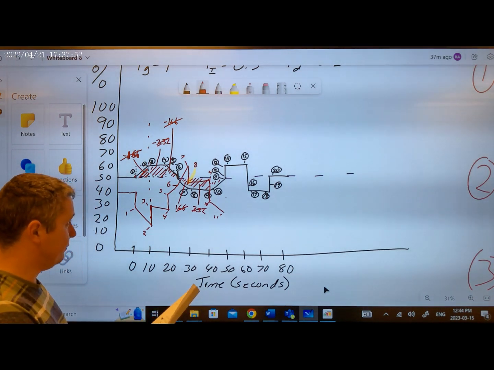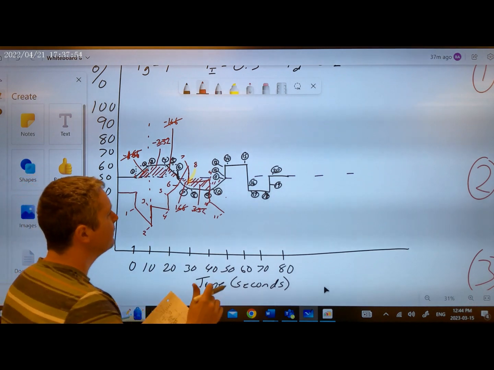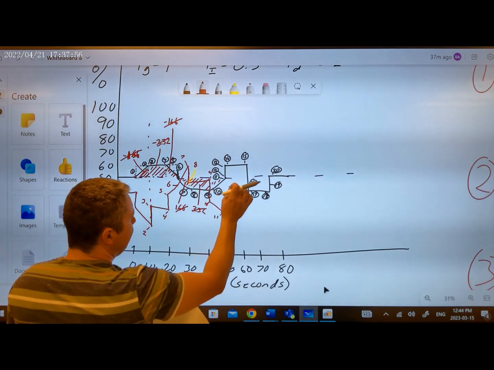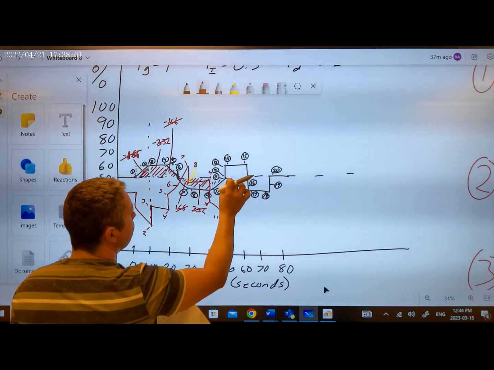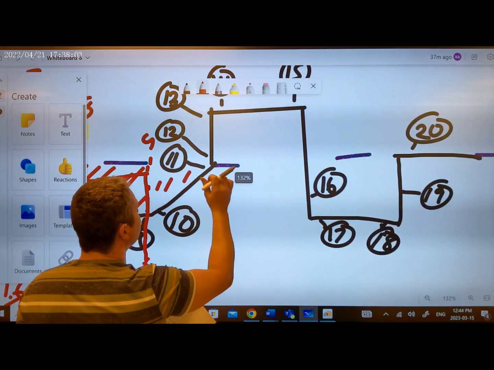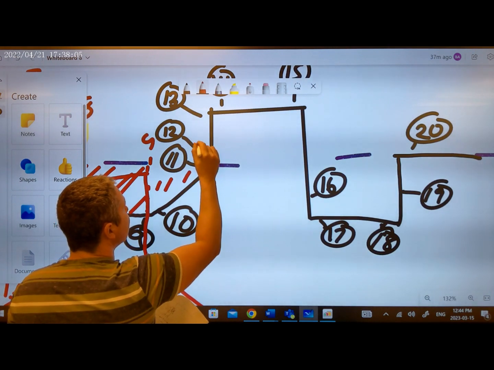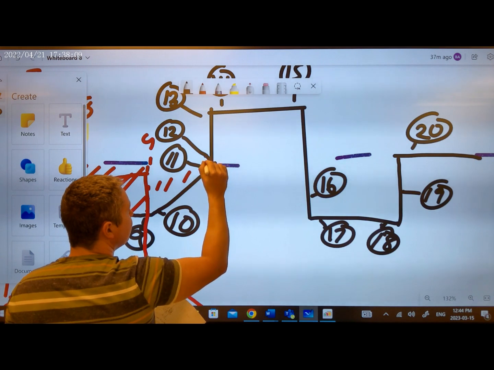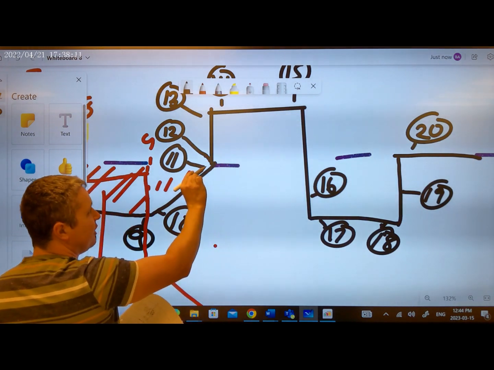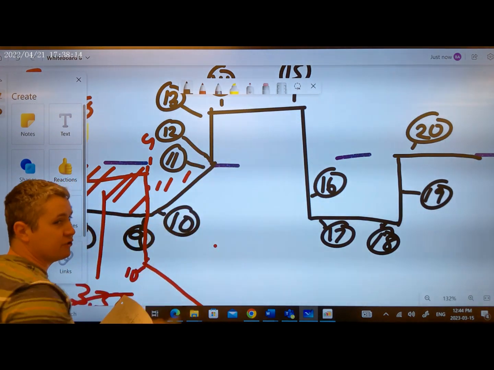So at point 12, and I want to recognize this, that point 12, or position 12, whatever you want to call it, is right there, okay? Where this ramp stopped and this ramp has not started yet.